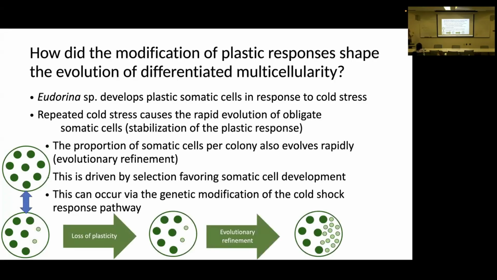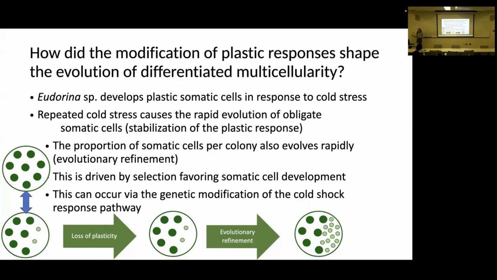I showed you that repeated cold stress results in the rapid evolution of obligate somatic cells through the stabilization of the plastic response, and that the proportion of somatic cells per colony also evolves really rapidly. So while I conceived of this evolutionary refinement step as occurring after the step of the loss of plasticity, they might be occurring, looks like they are occurring simultaneously.